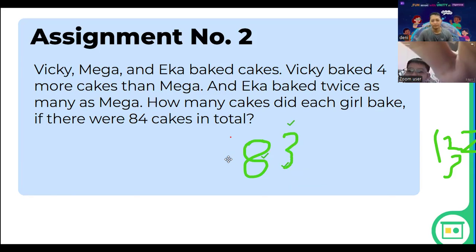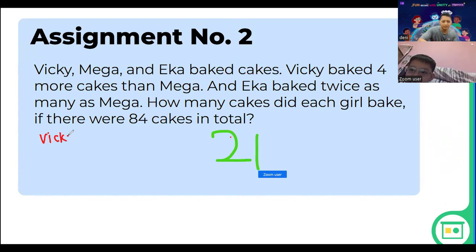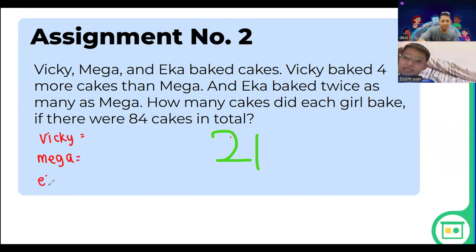So how many did Vicky, Mega, and Eka bake? 83 for? So each girl, Vicky, Mega, and Eka. The total is 84.